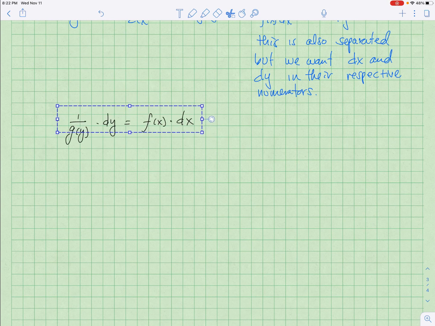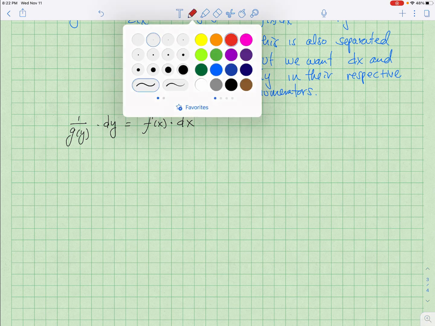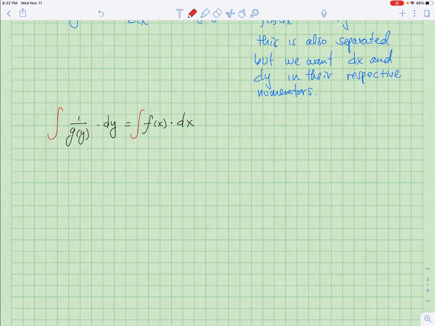then we're going to use the old school equality that says whatever we do to one side of the equation, we can do to the other side of the equation. And in this particular case, we're going to integrate both sides. So once these are properly separated, we can integrate both sides.